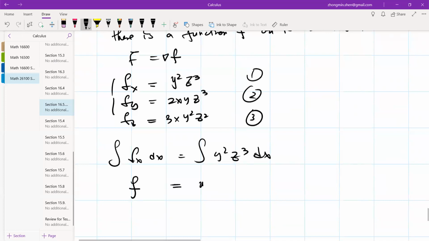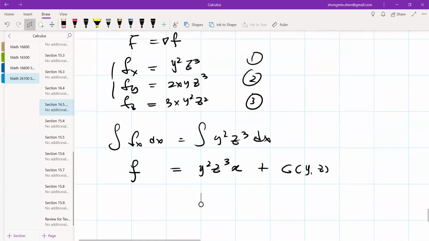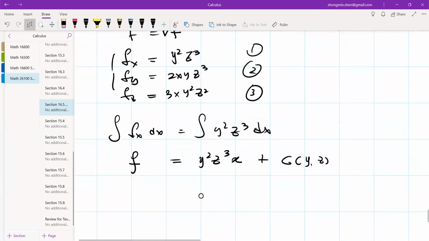So this is going to be y squared z cubed times x plus a constant depending on y and z.